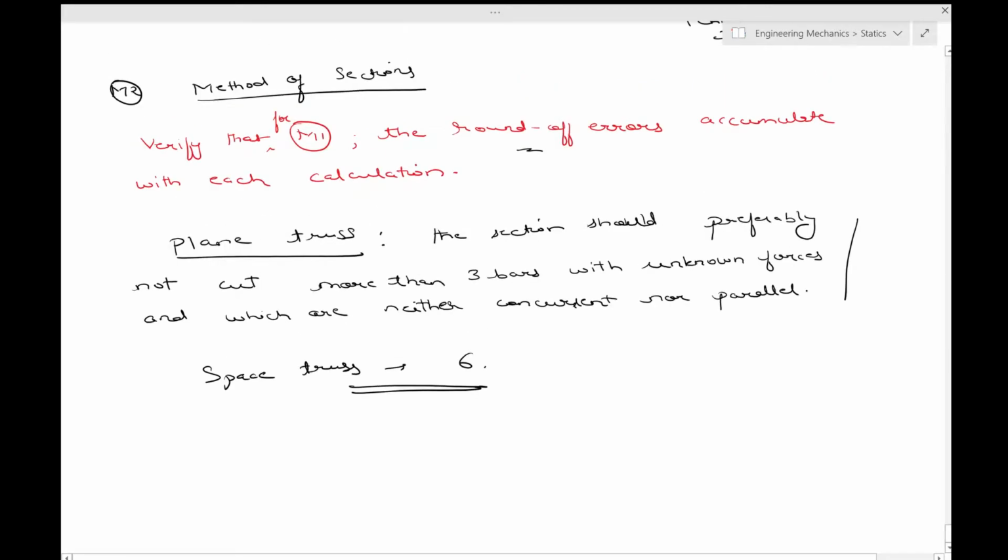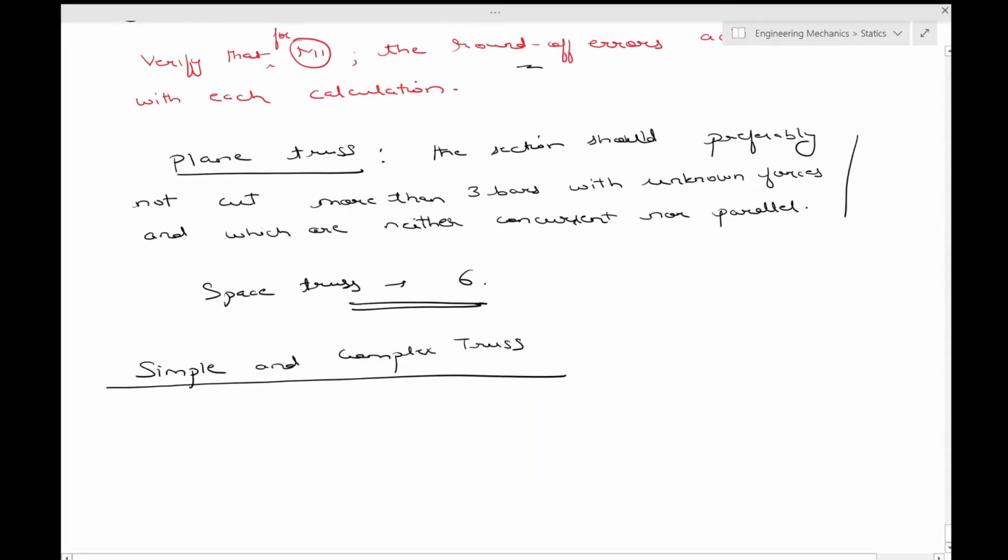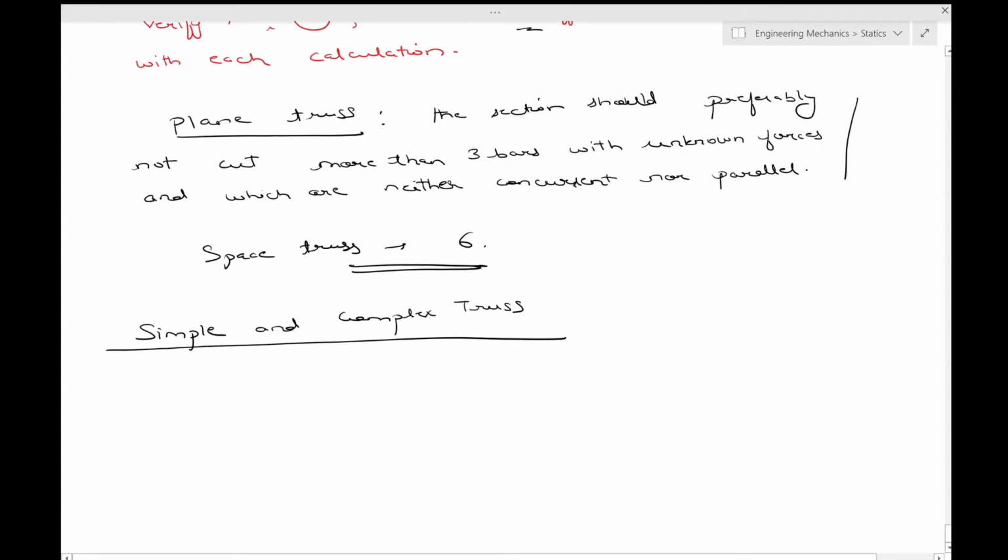Let's now define a simple and complex truss. Let me first draw it with a diagram.